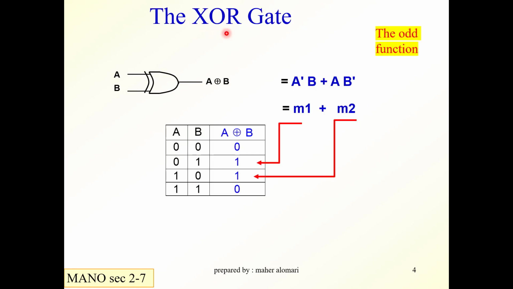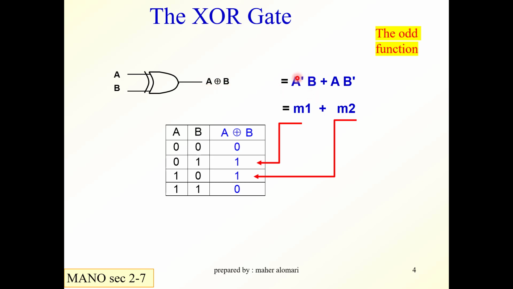The exclusive OR gate is a different gate. This is the symbol for the exclusive OR gate. It is an OR gate symbol with this arc added. And the output, we write it as A exclusive OR with B. This is equal to A bar ANDed with B, ORed with A ANDed with B bar.